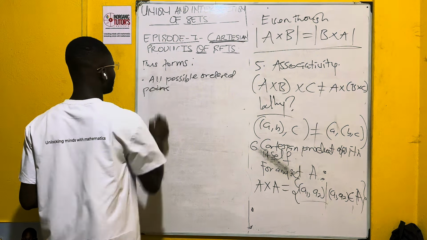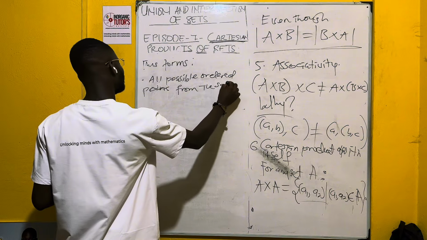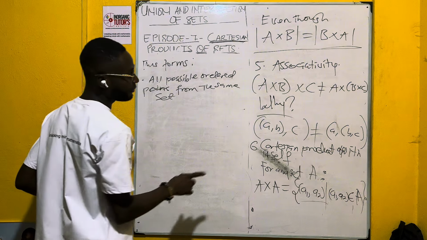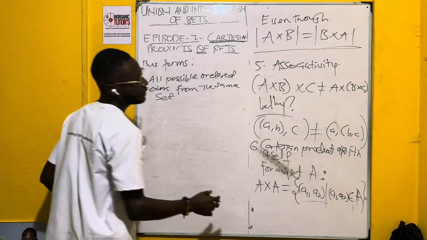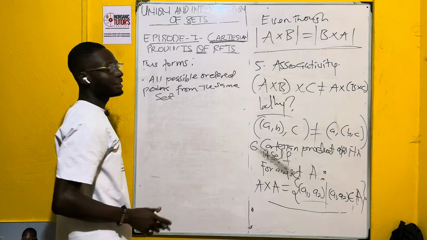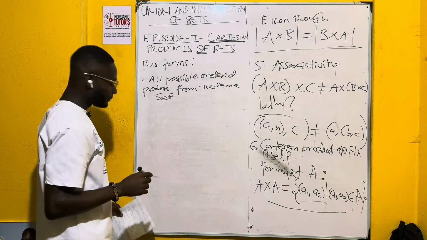All possible ordered pairs from the same set. All possible ordered pairs from the same set, right? So this is what is forming that: all possible ordered pairs from the same set.